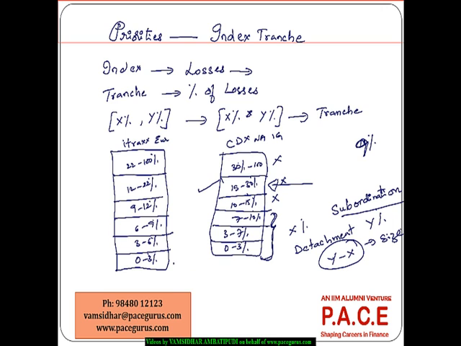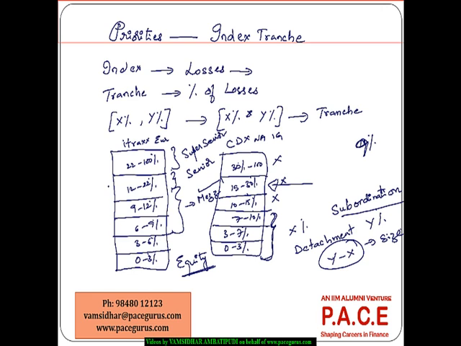Naming wise, this is typically called the equity tranche, which absorbs most of the losses in the beginning. The ones in the middle are typically called mezzanine tranches, and towards the top we call them senior, and there could even be super senior tranches.